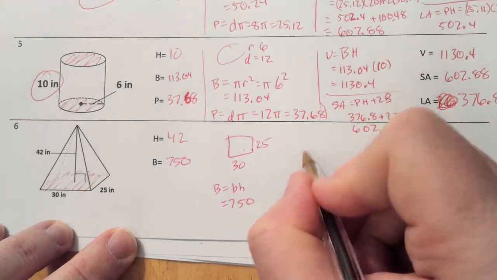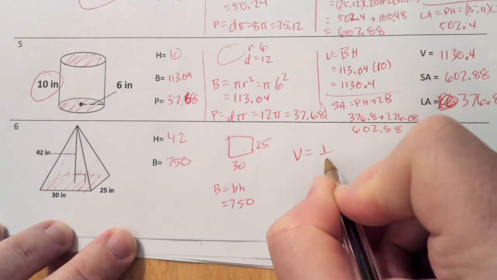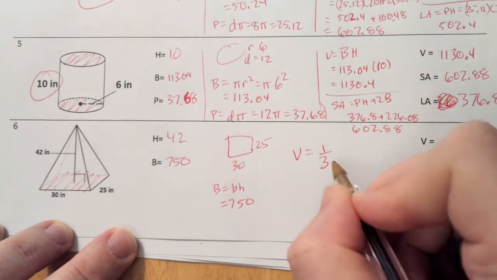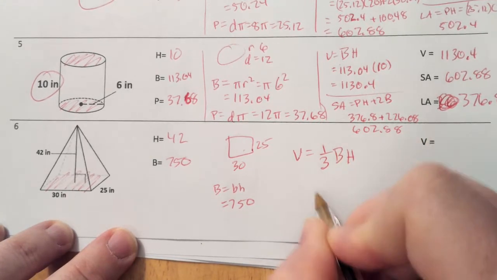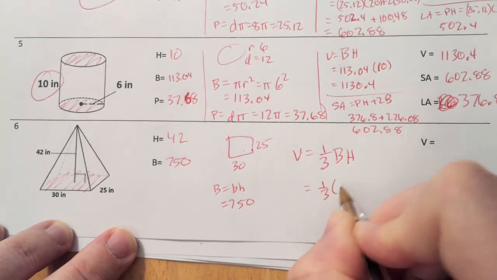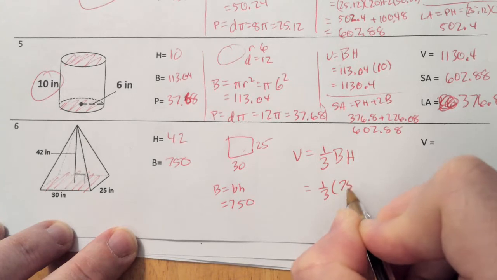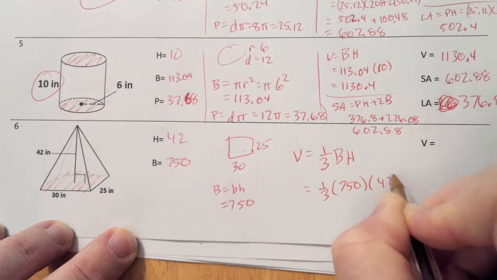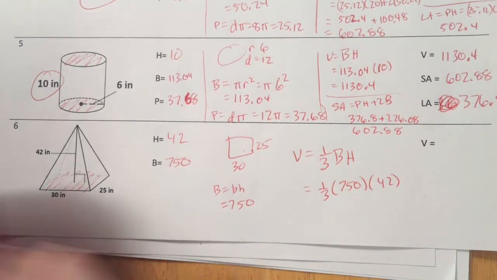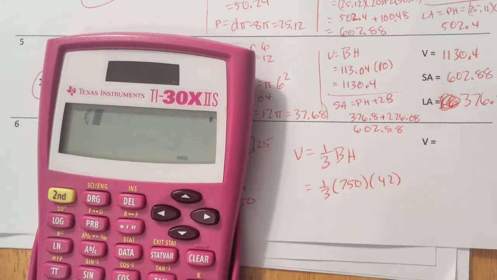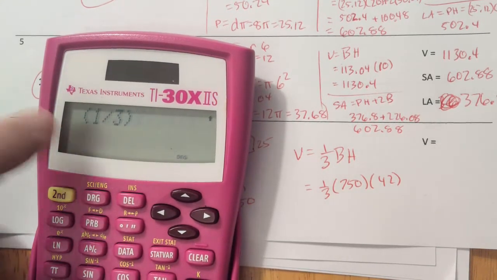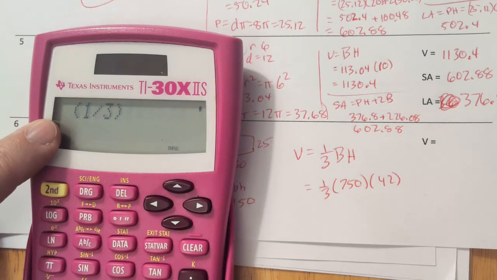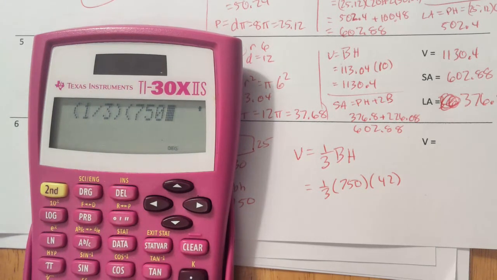Okay, so volume is 1/3, not 1/2, it's 1/3 base area times the 3D height. So it's 1/3 times 750 times 42. Now, how do we stack that in the calculator? You have to do parentheses 1 divided by 3, get that number first, times 750 times 42.